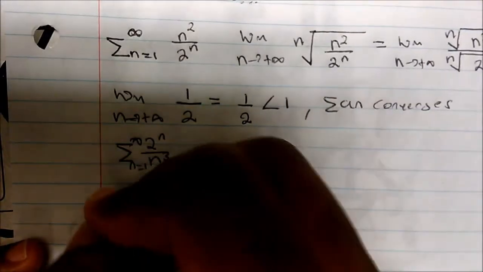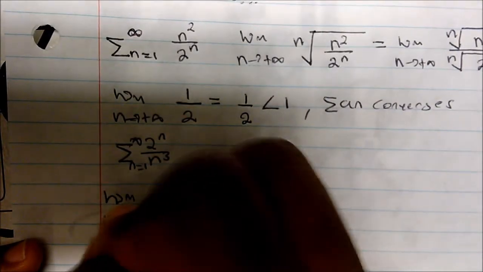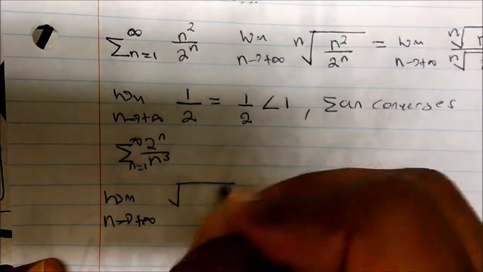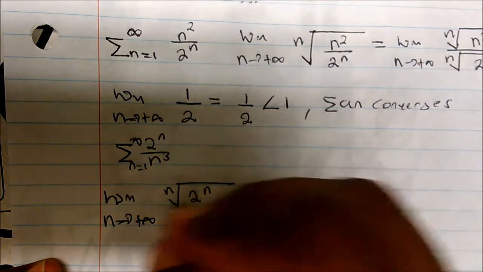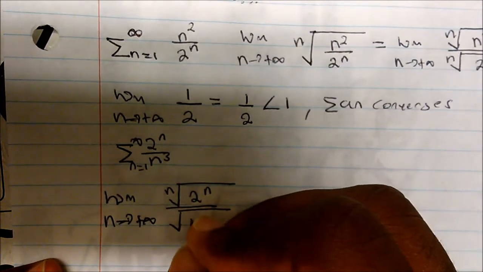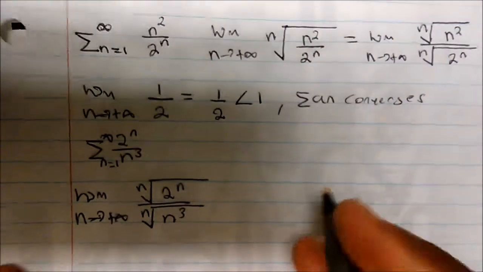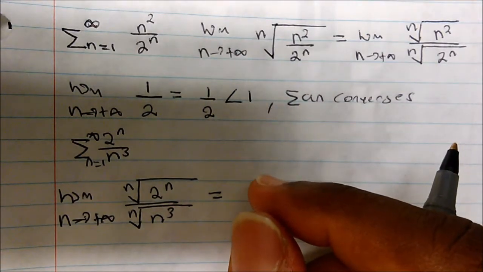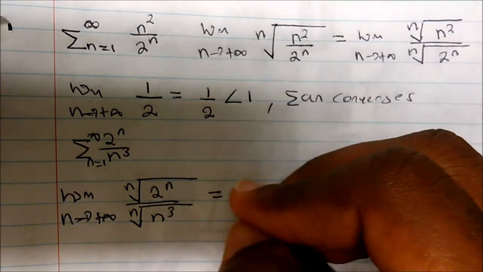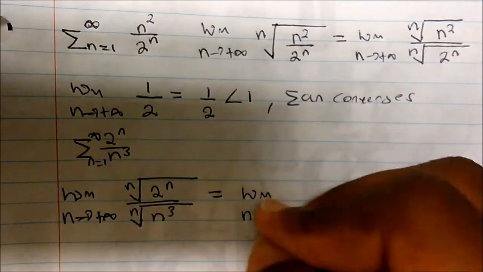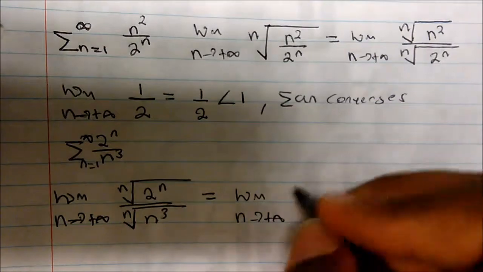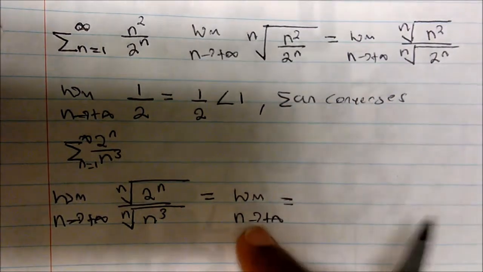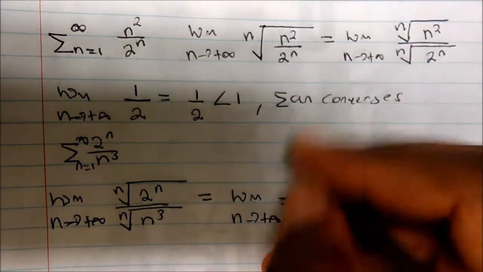Well, I take a limit as n goes to positive infinity of the nth root of 2 to the n over the nth root of n cubed.